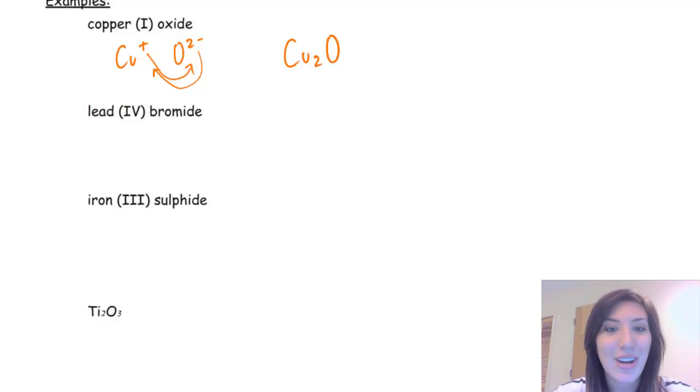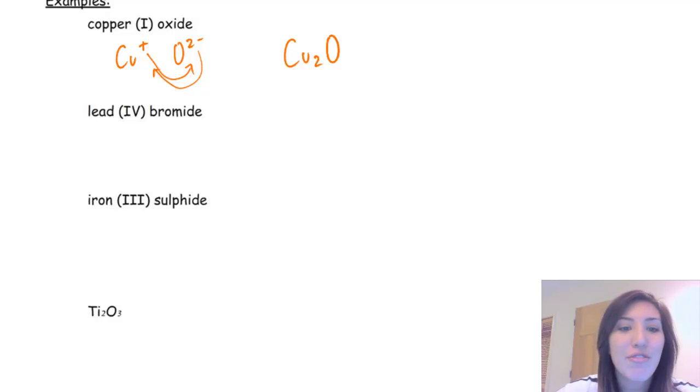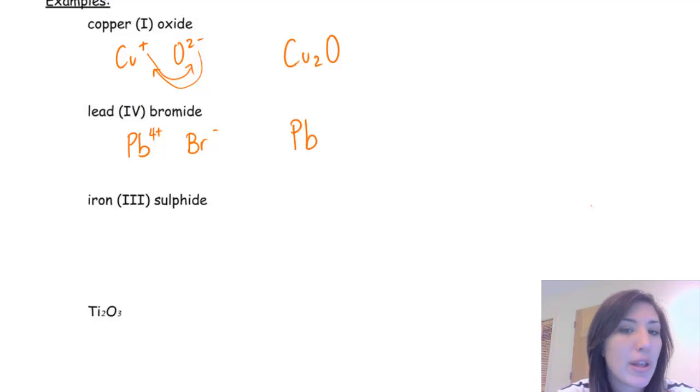That's how you write copper(I) oxide. Lead(IV) bromide would look like this. Lead is Pb, and we have lead 4, so lead 4 plus. Bromide is Br1 minus. So if we do that little crossover, we have Pb1, we don't have to write the 1, and then Br, 4.